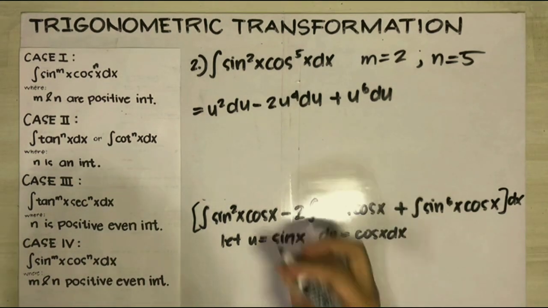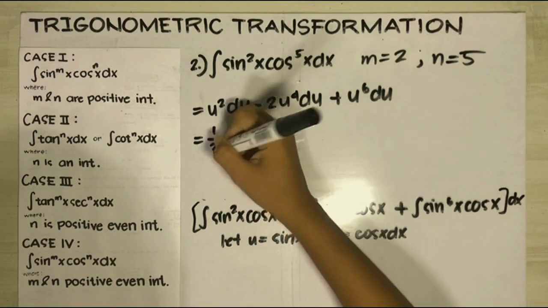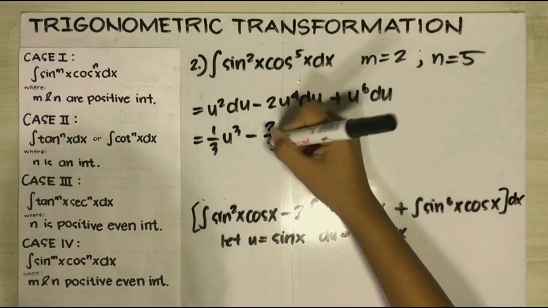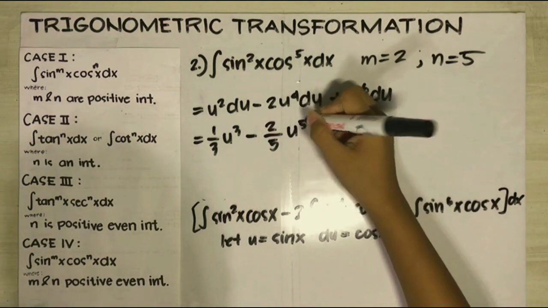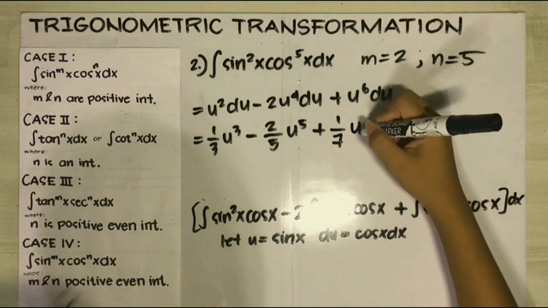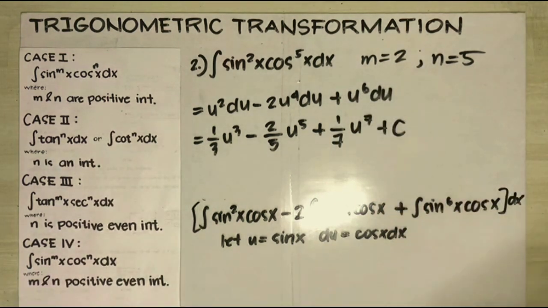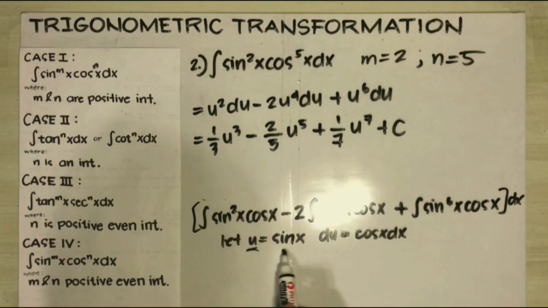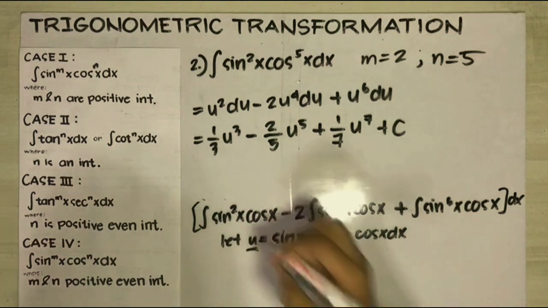Next is the power rule to integrate. So, 1 all over 3 u cubed minus 2 all over 5 u to the 5th plus 1 all over 7 u to the 7th plus c. And for the last step, we change the value of u to sine x.